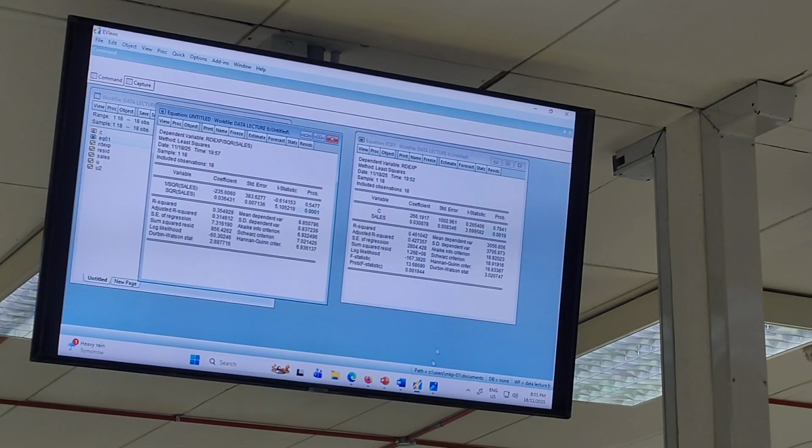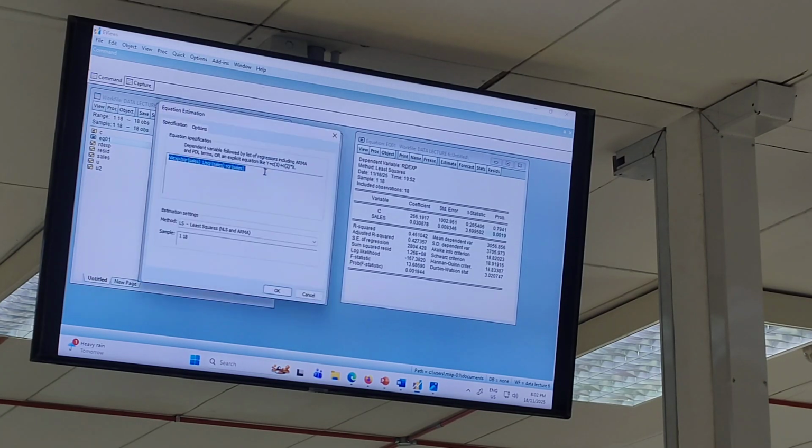Okay, so again, if after you perform the test you still fail the test, meaning it failed to remedy the problem, you can try another option by assuming that the error variance is proportional to x squared, so you divide by x.